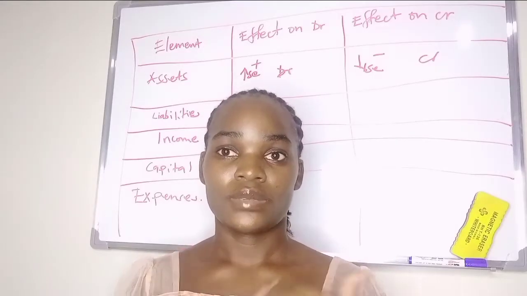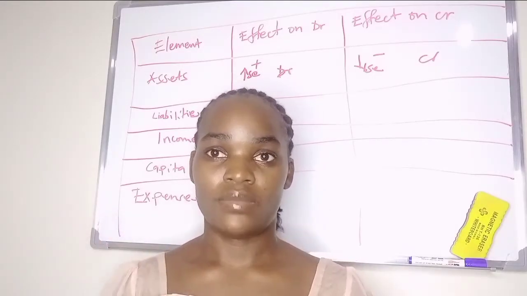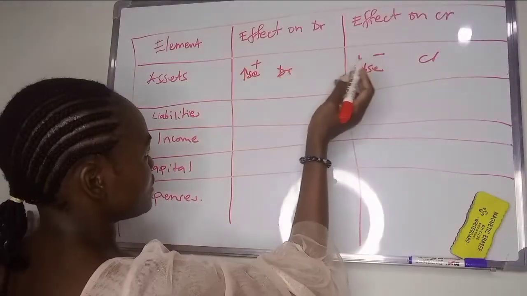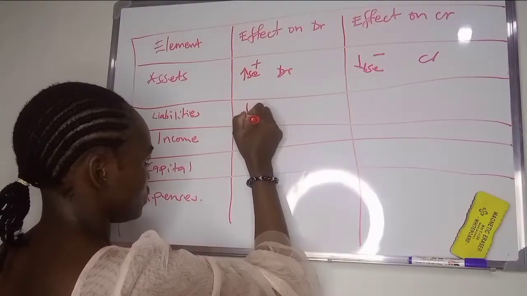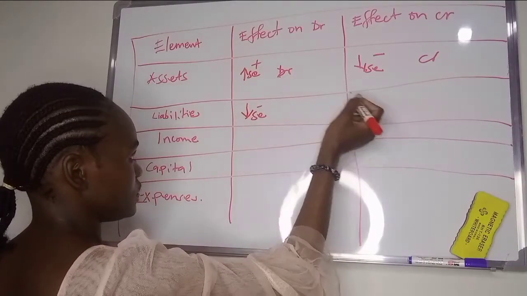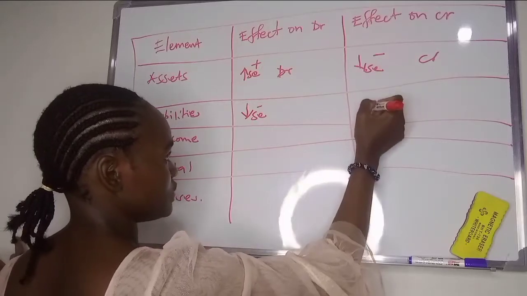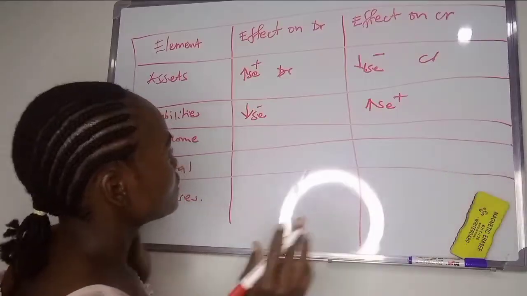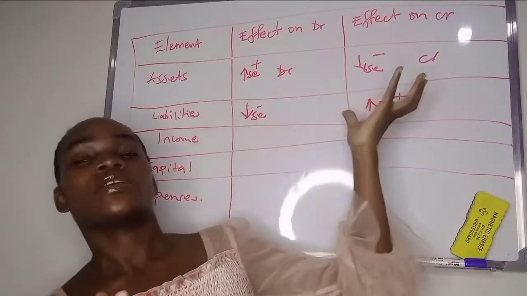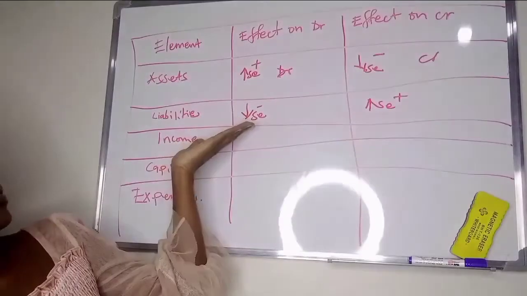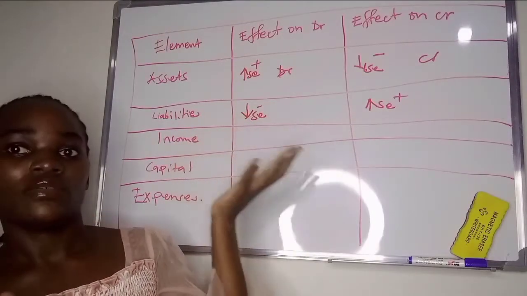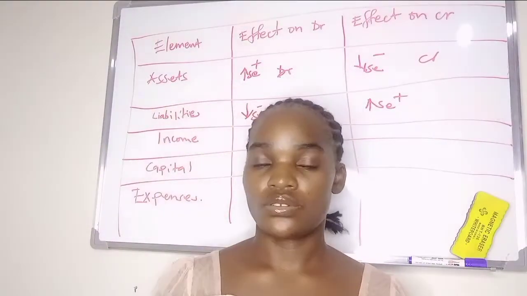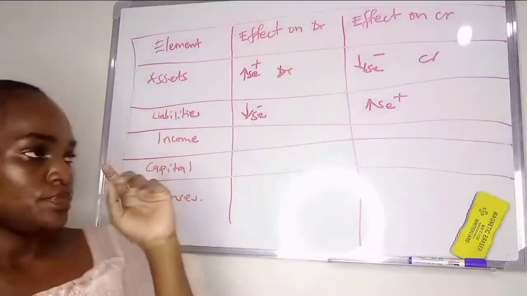So liabilities increase by crediting and reduce by debiting. Whenever you see a liability increasing, just know you're supposed to credit it. If you see it reducing, you debit it.